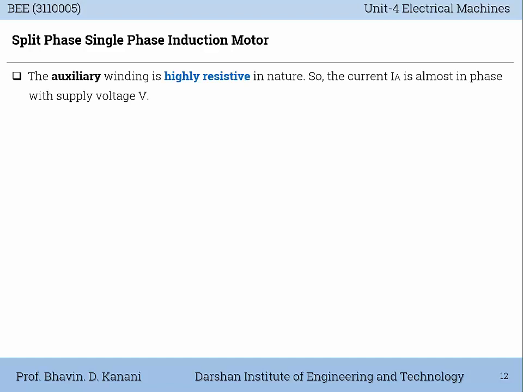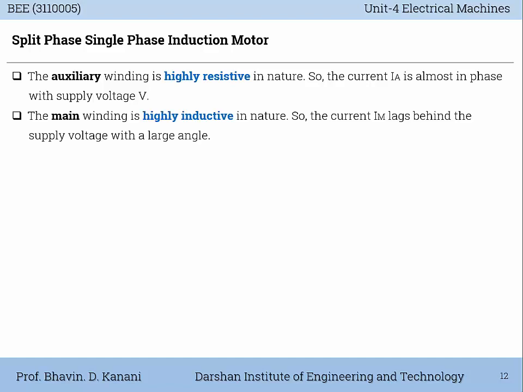The auxiliary winding is highly resistive in nature, so the current IA is almost in phase with supply voltage V. The main winding is highly inductive in nature, so the current IM lags behind the supply voltage by a large angle.